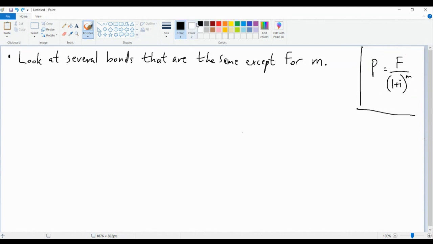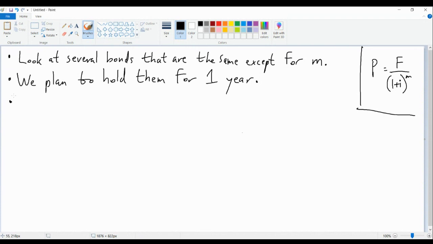So the second element of our example is that we plan to hold each of these otherwise similar bonds for only 1 year. So they may have maturity 1, 5, or 20. Doesn't matter. You want to look at what happens to them if we sell them after 1 year. And let's say that the bonds in question have a future payment of 1,000.